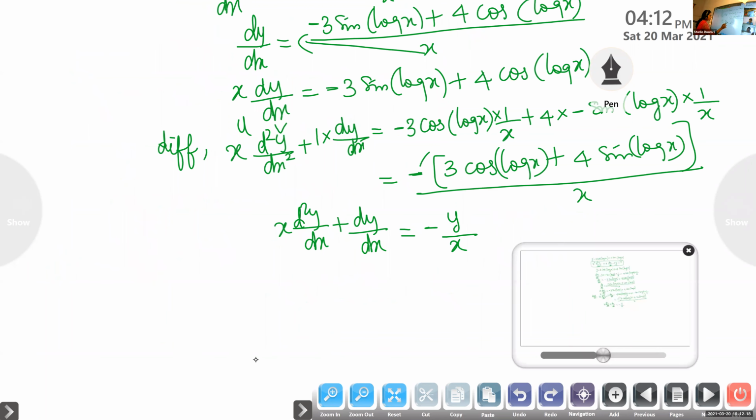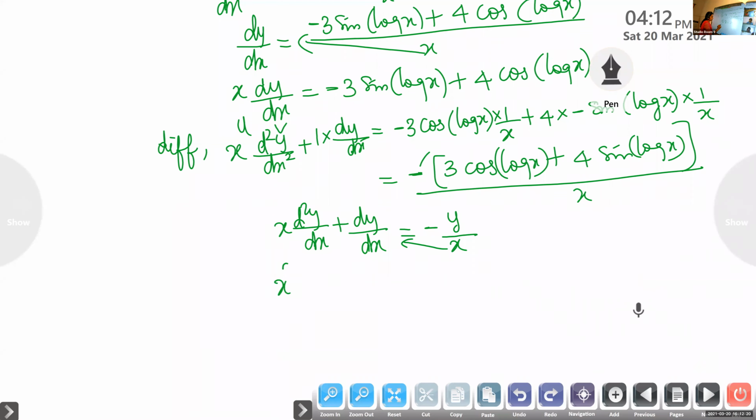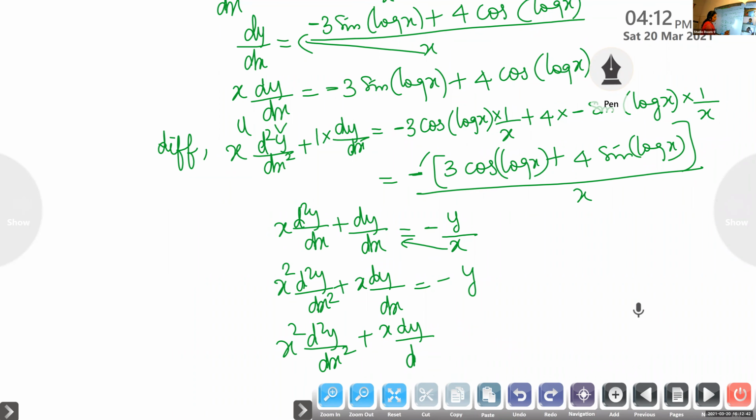So you'll get x square d square y by dx square plus x dy by dx is equal to minus y. So minus y, if you take it to the other side, it will become positive y. x square d square y by dx square plus x dy by dx plus y equal to 0 is the required equation.